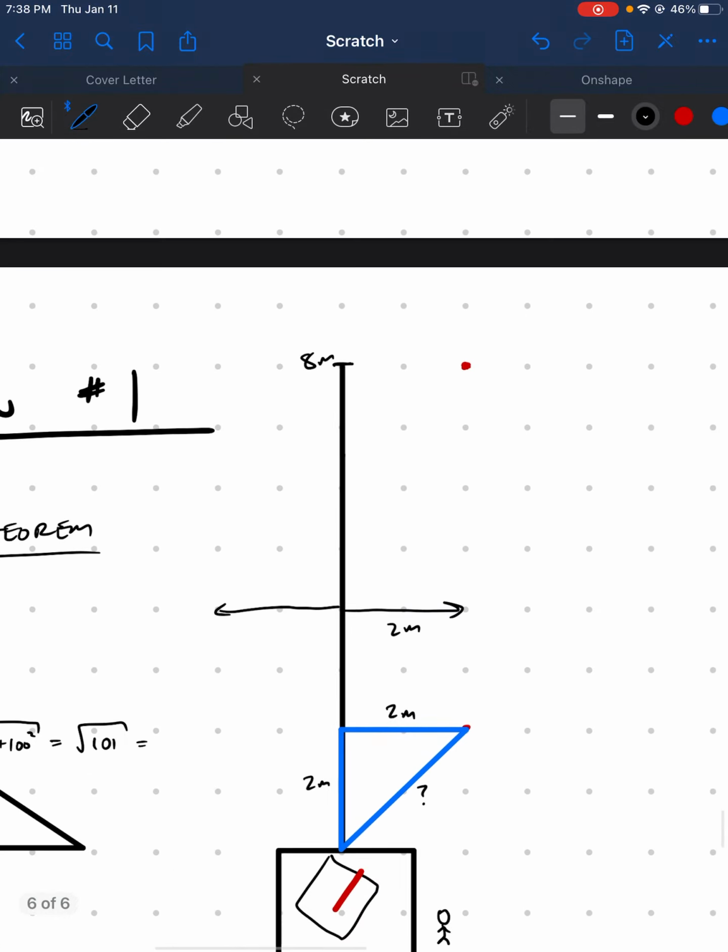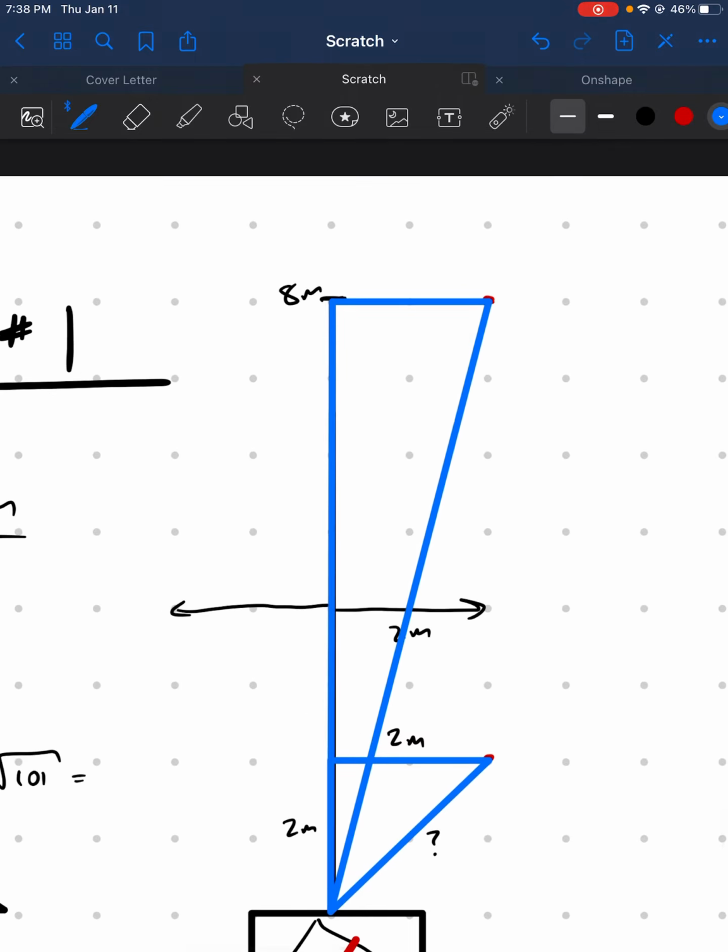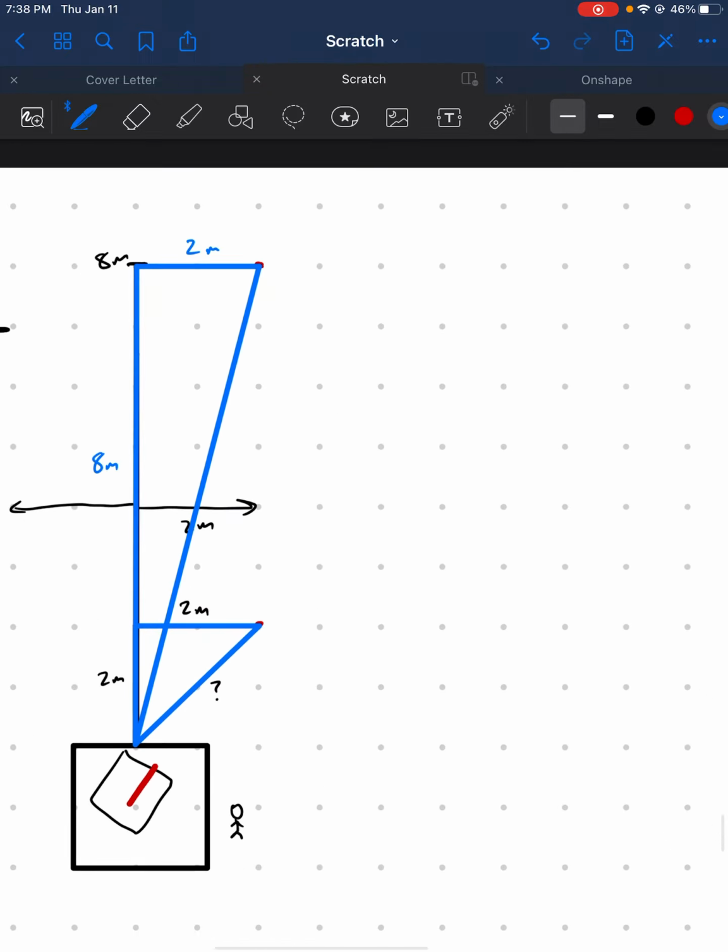If we go through this 2 to 8, then this is still 2, this is 8. This is the calculation that we just did in the Zoom meeting.